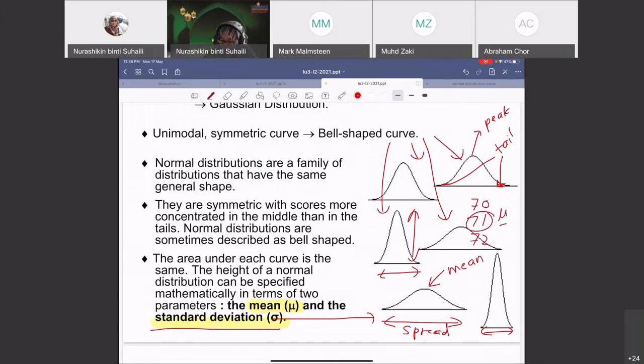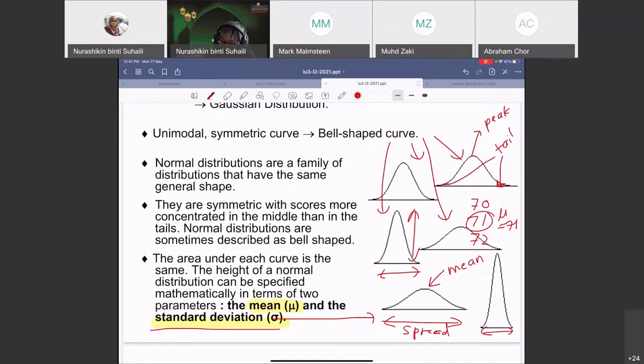So what is the standard deviation? This is very simple, you can calculate it. Of course, there is a formula for standard deviation. If you go to Excel, there is a formula, and you have also studied that in previous lectures, right? So the standard deviation is the difference between the mean value and the other values of the data.